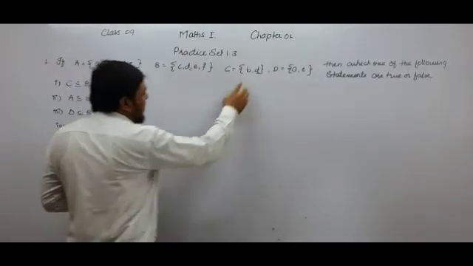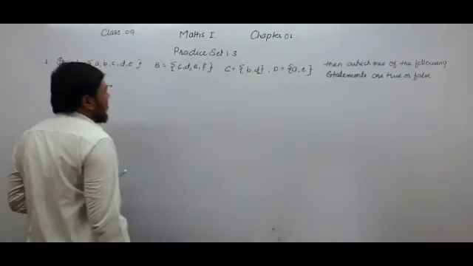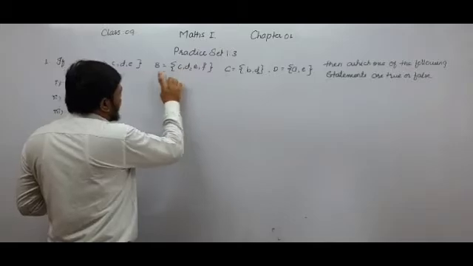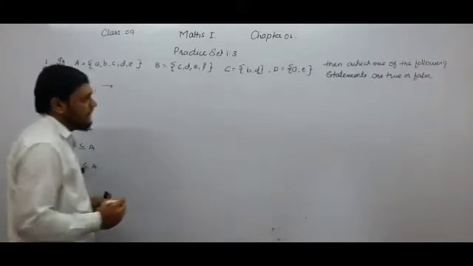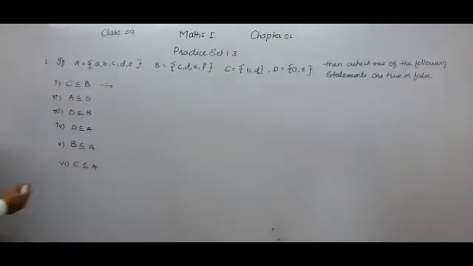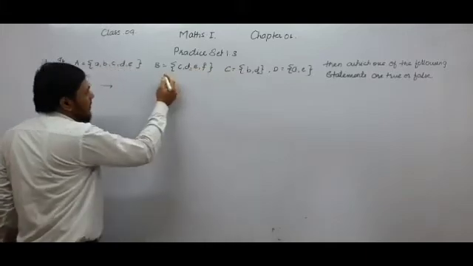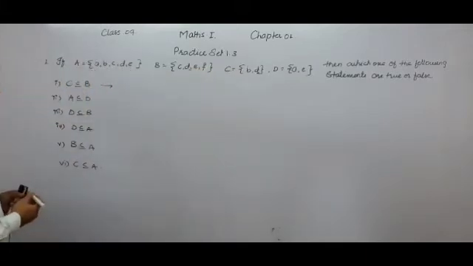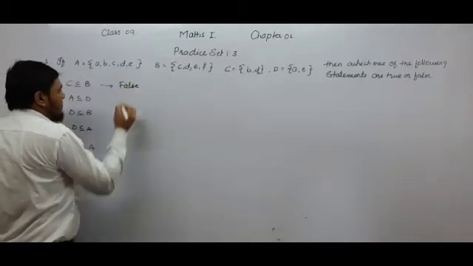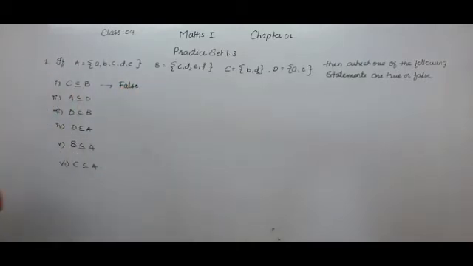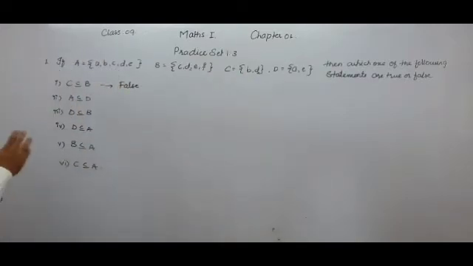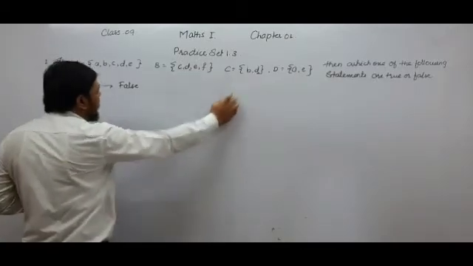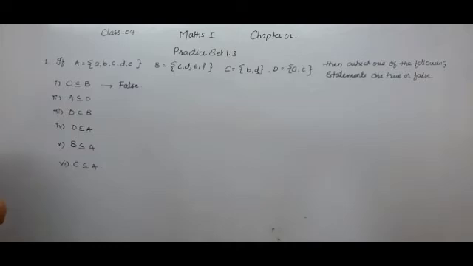Set C has the elements B and D, and set B contains C, D, E, F. D is in both sets, but B is not there in set B. So this statement is false, because the condition for a subset is that B should contain all the elements of set C. That is why this statement is false, or we can say that C is not a subset of B.